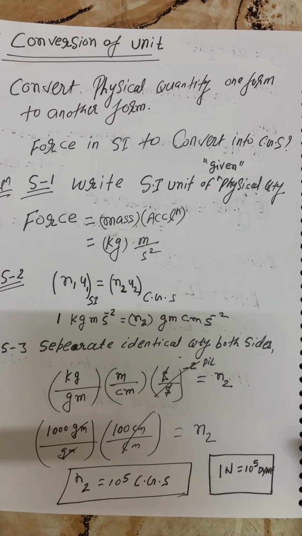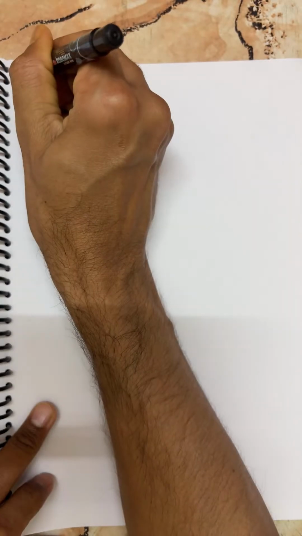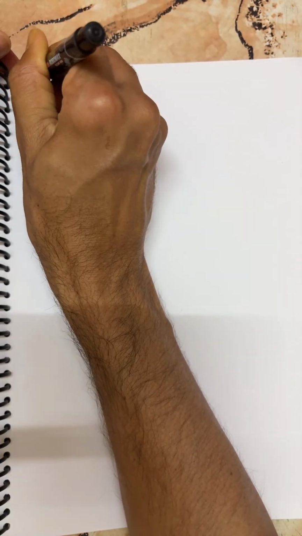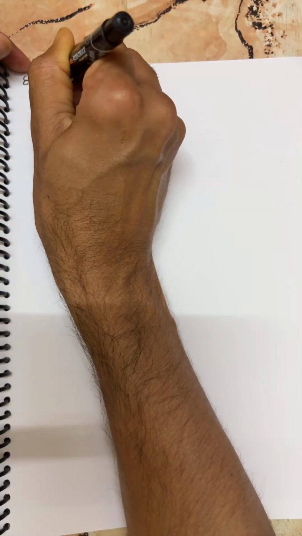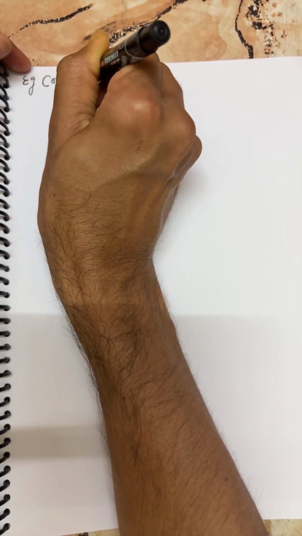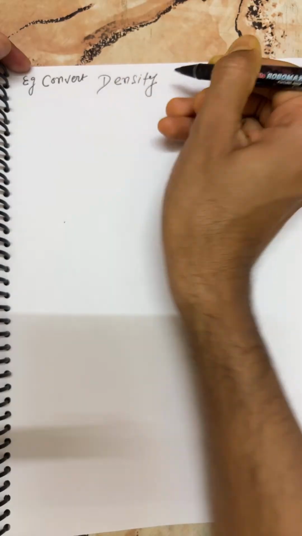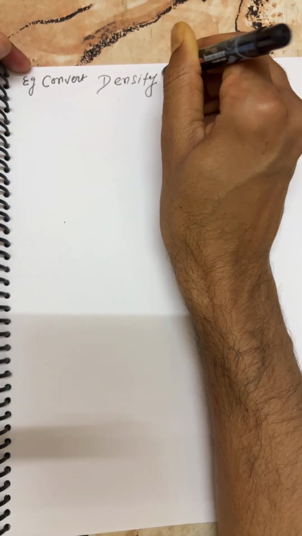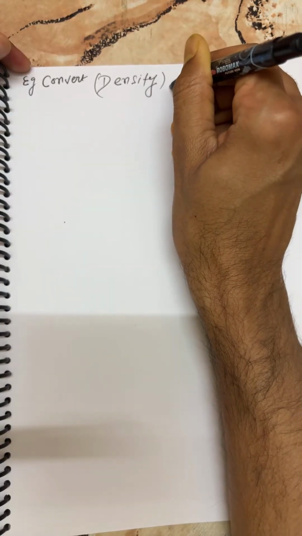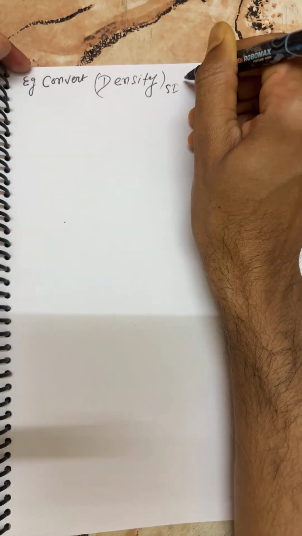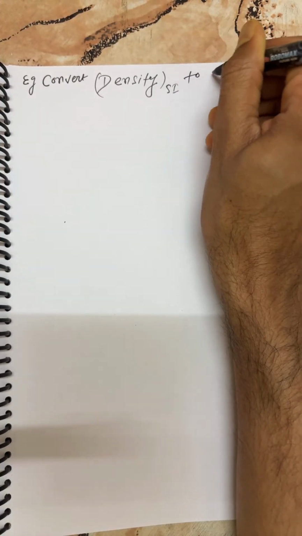Okay, you can try this question here. I'll give you 20 seconds. Next question, kids: convert density in SI to CGS.